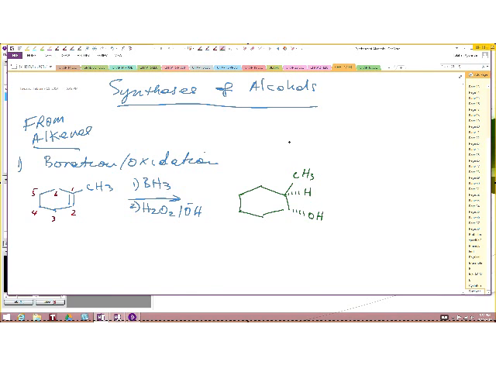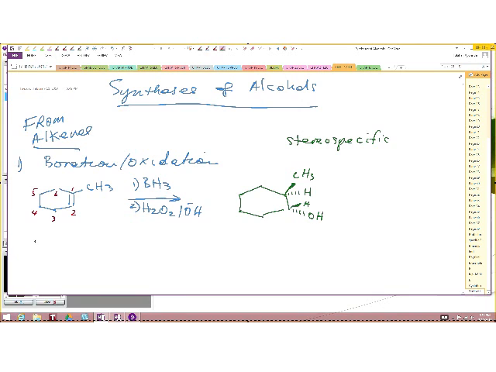So we say this is stereospecific. We've done a lot of this reaction before, so we don't need to spend too much time on this. Of course, that means that this here is coming at you, and then you have a hydrogen here coming at you.